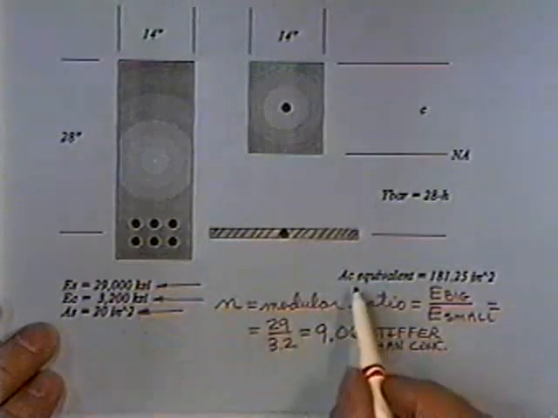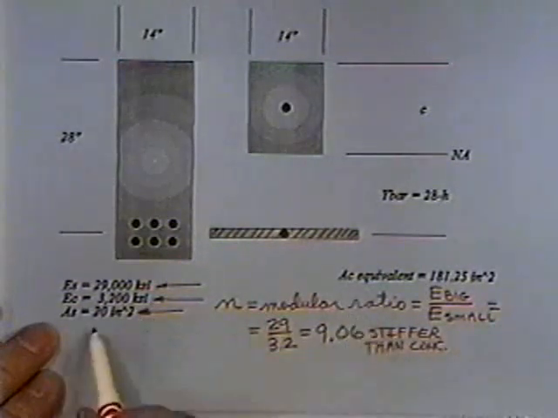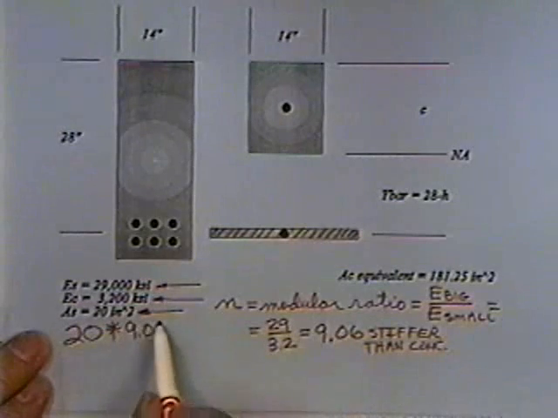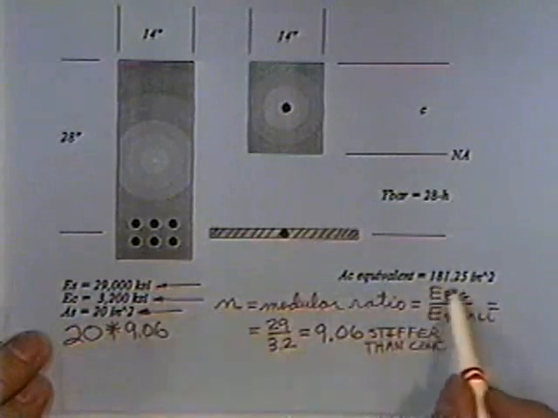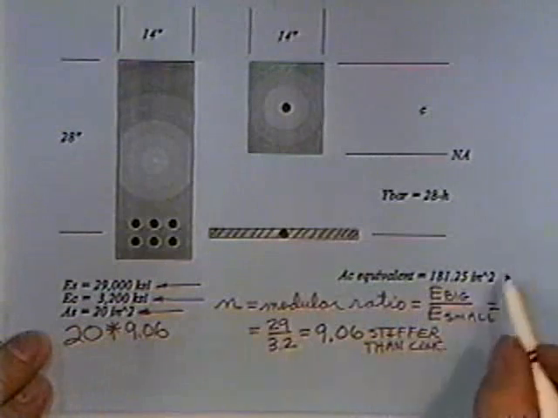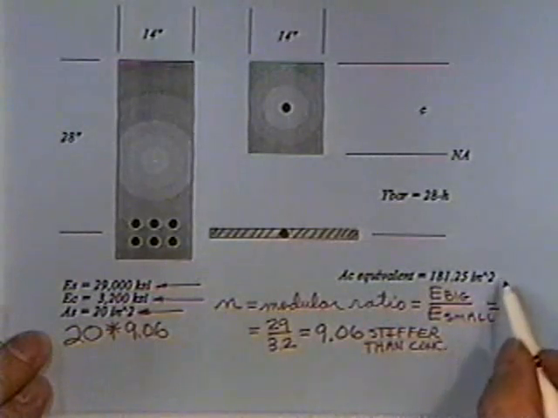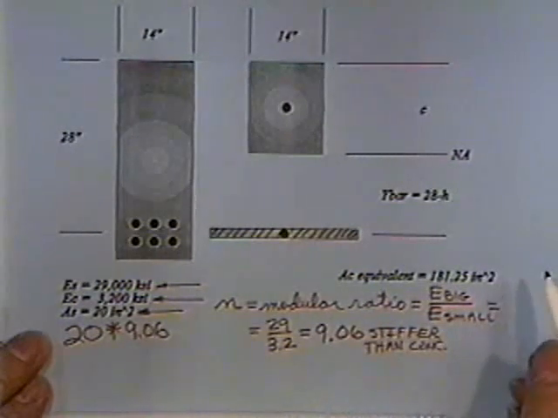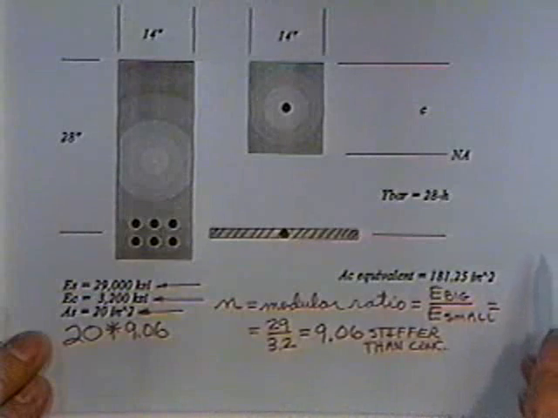If we replace that with an equivalent area of concrete, we simply multiply 20 times 9.06. I hope we get 181.25. Correct. Good. And that's just like concrete. No difference at all. Just go ahead and say it's now a concrete beam. And all the calculations proceed from there.